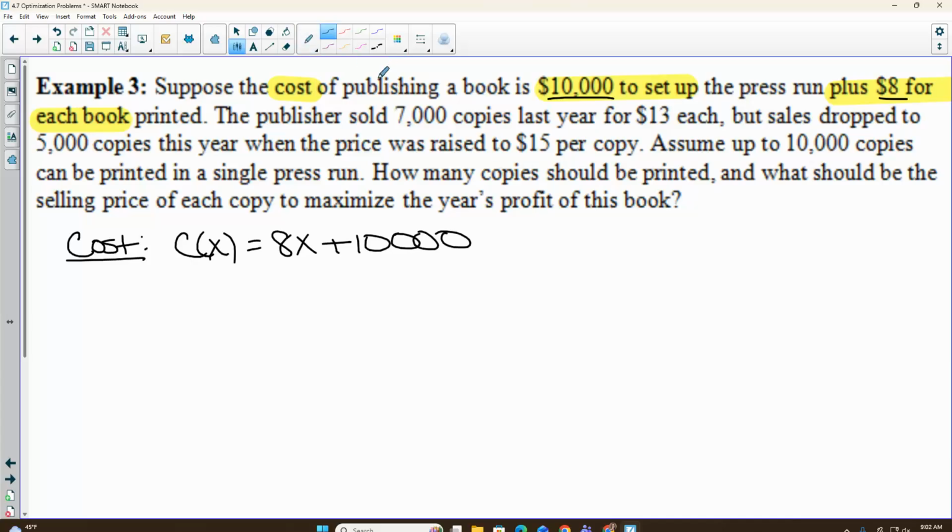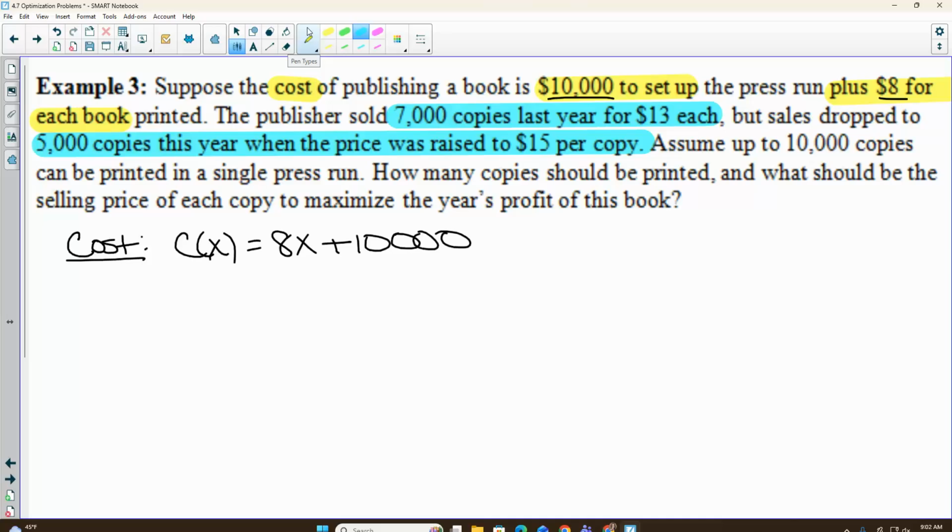All right, the publisher sold 7,000 copies last year for $13 each. But sales dropped to 5,000 copies this year when the price was raised to $15 per copy. Assume up to 10,000 copies can be printed in a single press run.